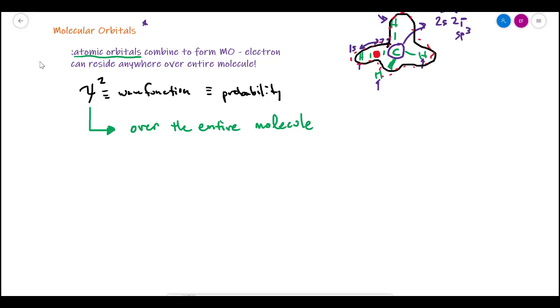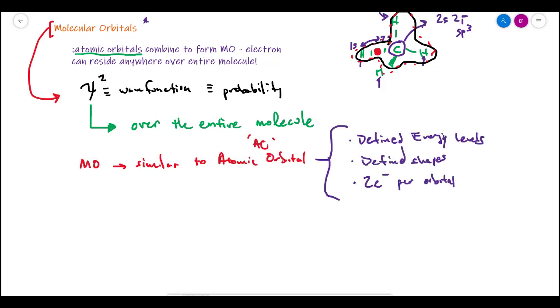And so molecular orbital theory is probably a more accurate description of what's actually happening in a real molecule, which is why it gives us a better picture of the electronic energies of those individual electrons. And there are a lot of similarities between molecular orbitals and the atomic orbitals we've already dealt with, so we don't have to learn an entirely new system.